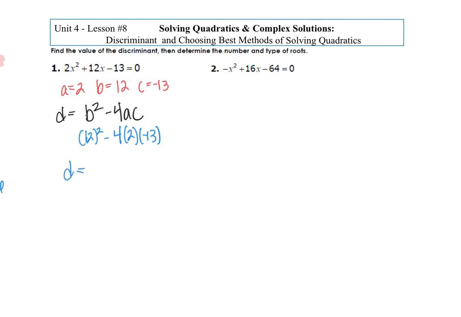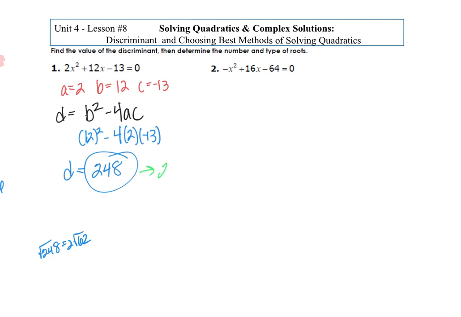Our discriminant would equal 248. Now, what does this mean? What type of roots does this mean? If you try to take the square root of 248, let me get my calculator on, we're not taking the square root of 248, but if I did, the square root of 248 would equal 2 square root 62. It's not a perfect square, in other words. So what does this mean for the types of solutions?